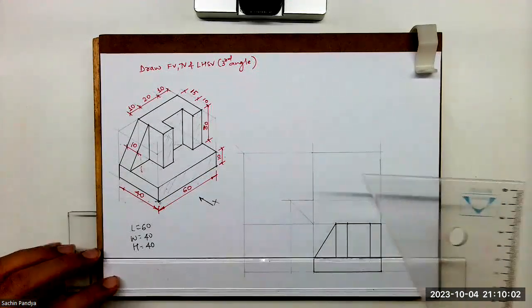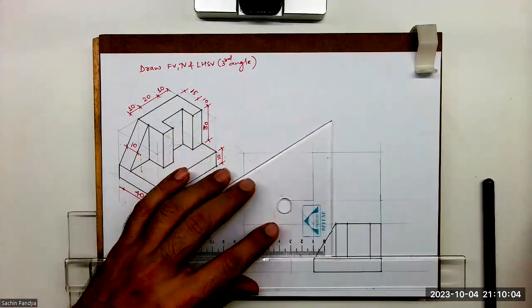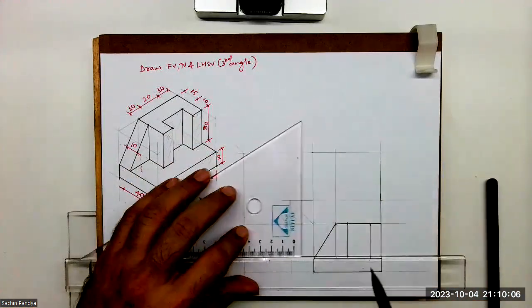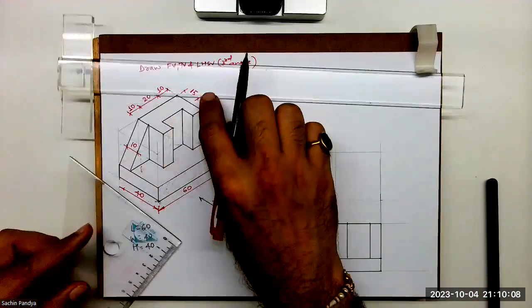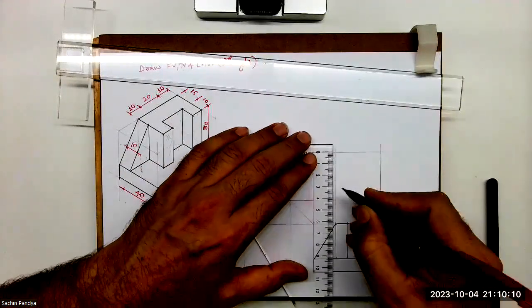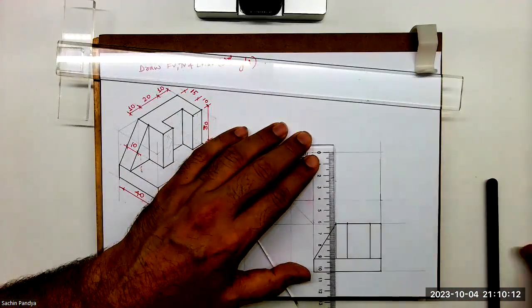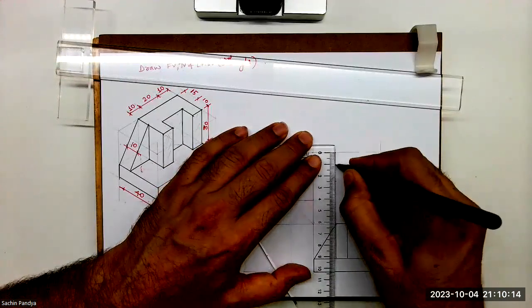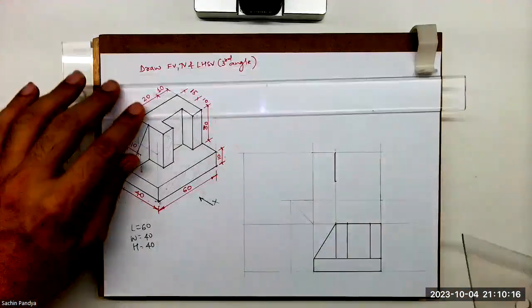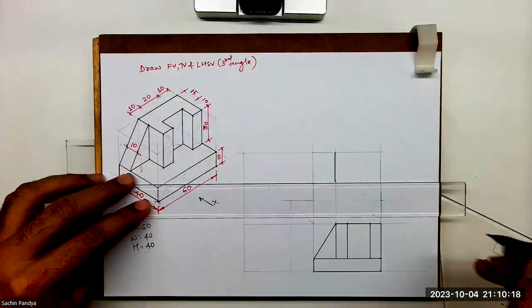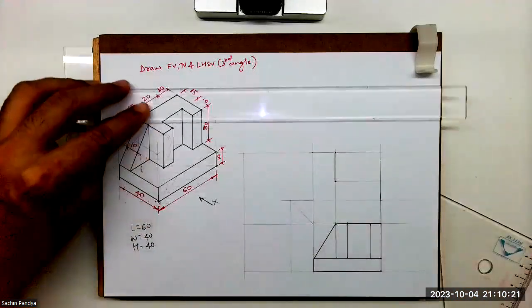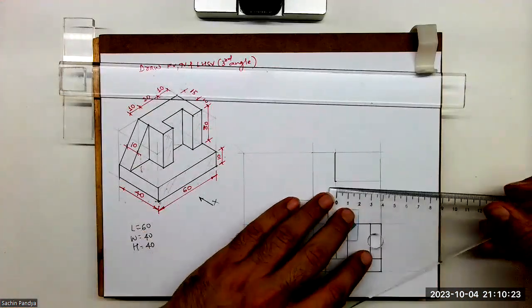Now, if I want to draw top view, then what I will do, I'll extend this up. How much is this? 15 plus 10, which is 25. Then you draw a line like this. Then you do 10.